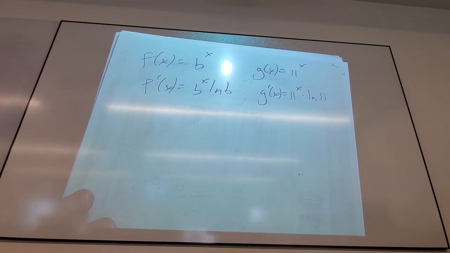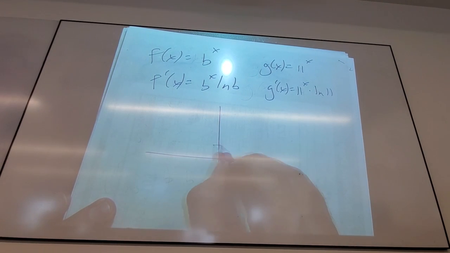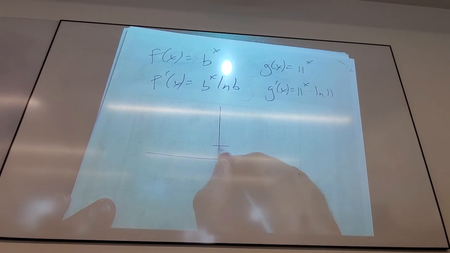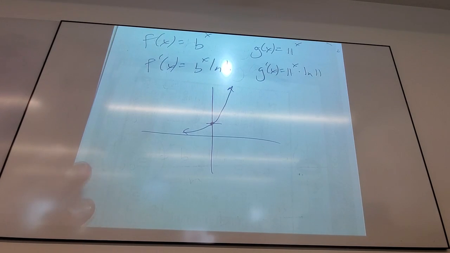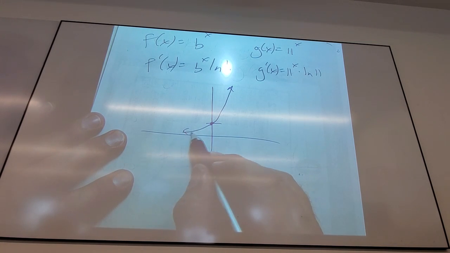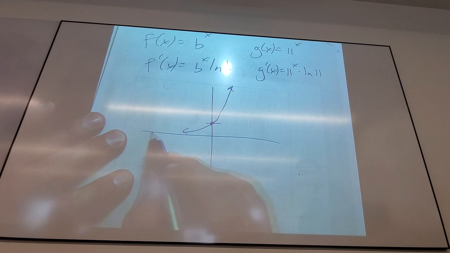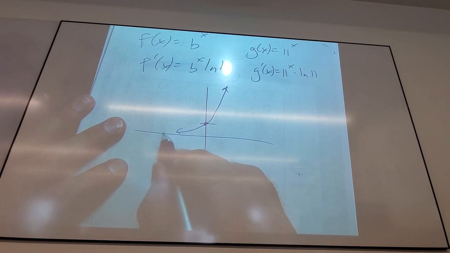So here's what's really nifty. Here is b to the x, roughly. If you try to sketch the graph of the slope on top of it, what's true about the slope here? It's approaching 0. It's getting really small, but really small positive, correct? Yes. So if I try to graph the picture of the slope, it's really small positive.